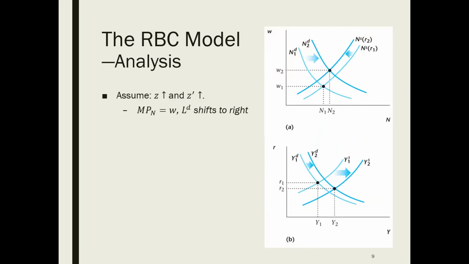Now let's graphically apply the RBC model to explain business cycles in the labor market, output market, and money market. Assume there is an exogenous permanent rise in productivity. The immediate effect is on the labor market. According to the intratemporal condition of the firm, a rise in Z increases the marginal product of labor.